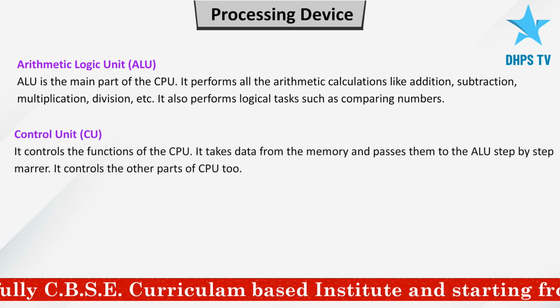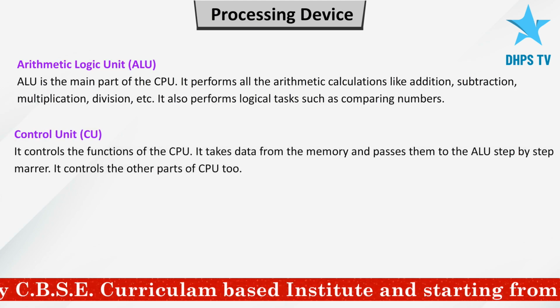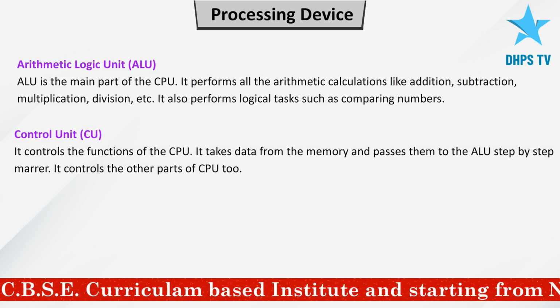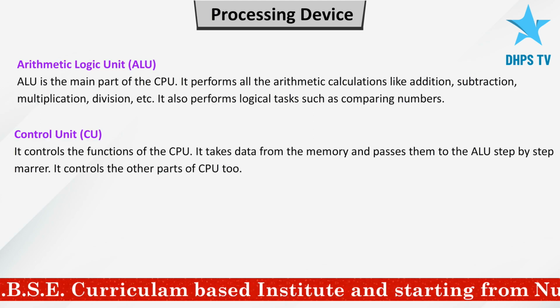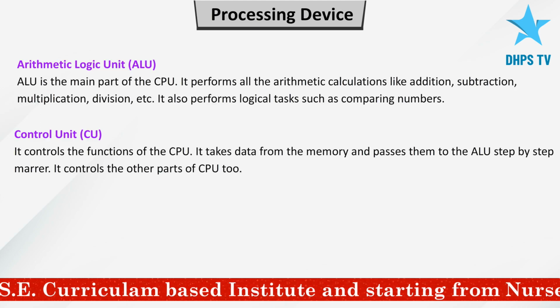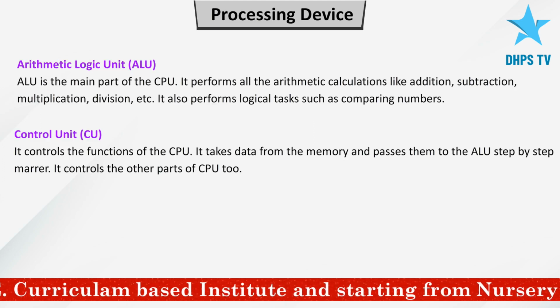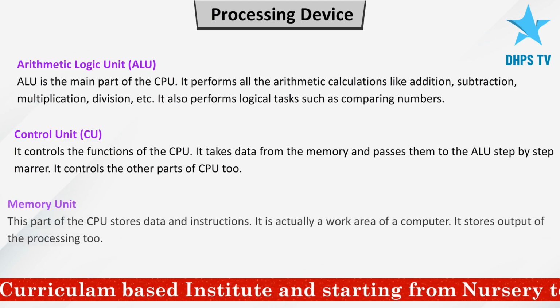Control Unit, CU. It controls the functions of the CPU. It takes data from the memory and passes them to the ALU step-by-step manner. It controls the other parts of CPU too.